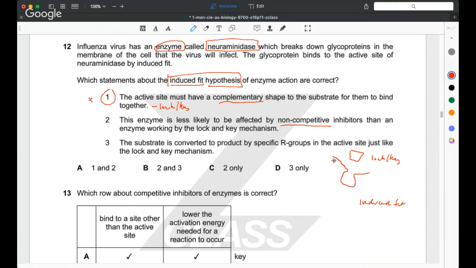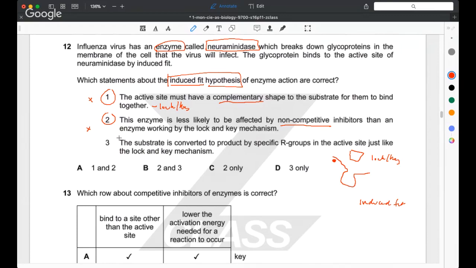And so whether you've got an induced fit model or a lock and key model, if something is binding to the enzyme and is distorting the whole enzyme, then that's going to affect the enzyme, whether it's induced fit or lock and key. So that doesn't form one of the answers to the question either.